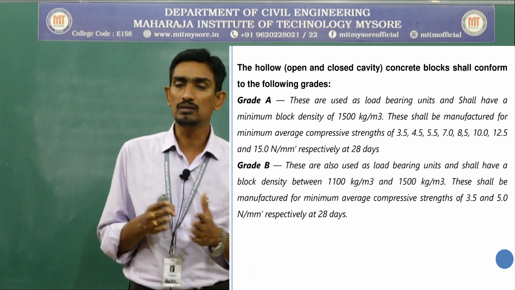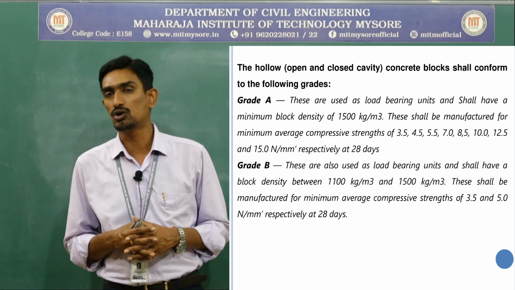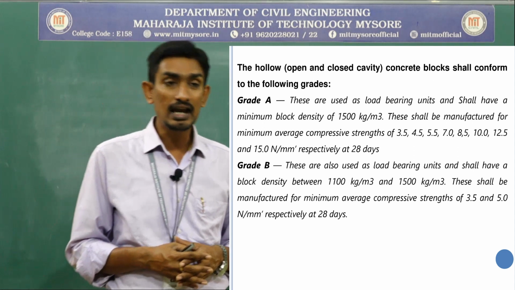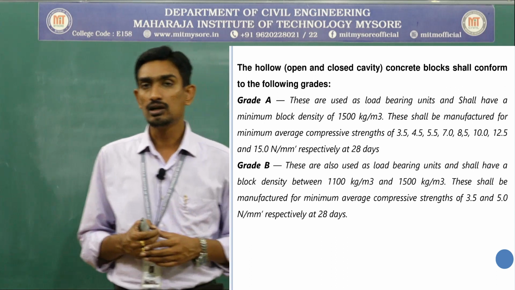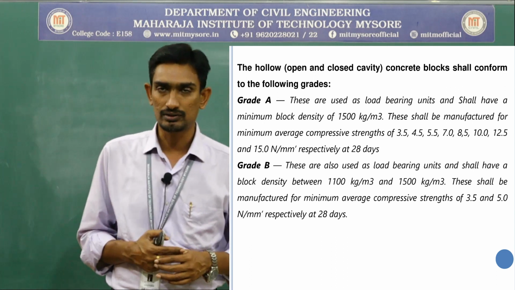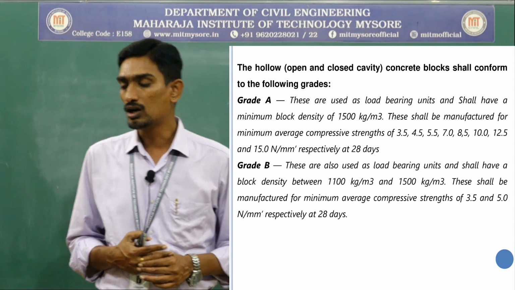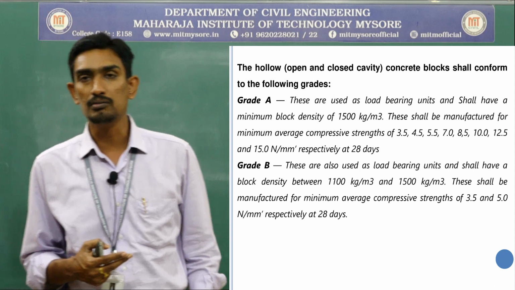That means anything with a density between 1100 and 1500 kg per meter cube will be called grade B concrete blocks. And this will have a compressive strength of minimum 3.5 and also 5 Newton per millimeter square.